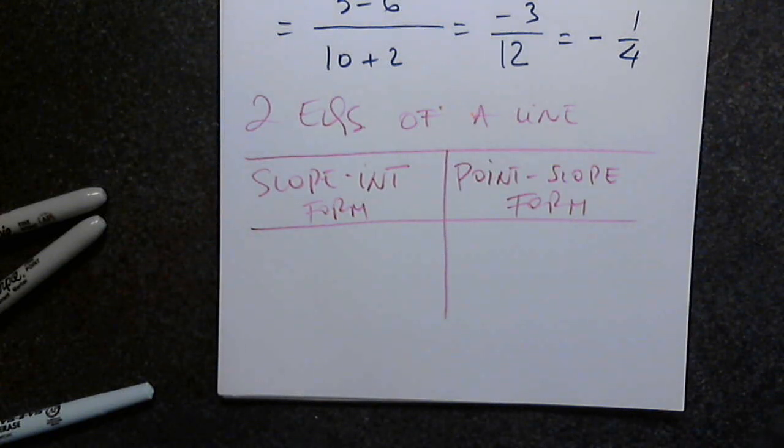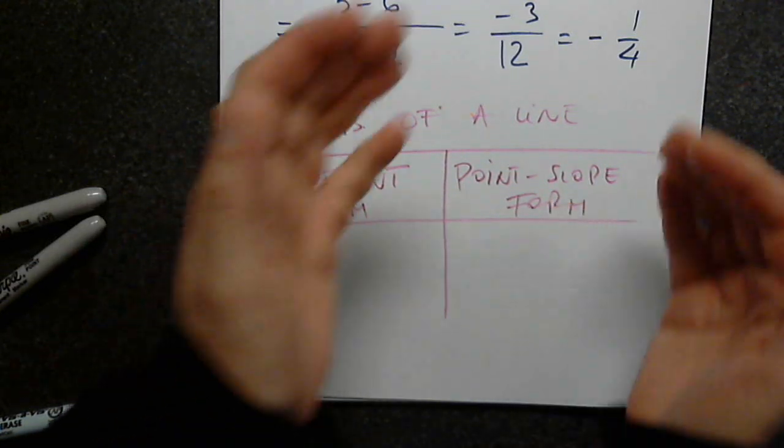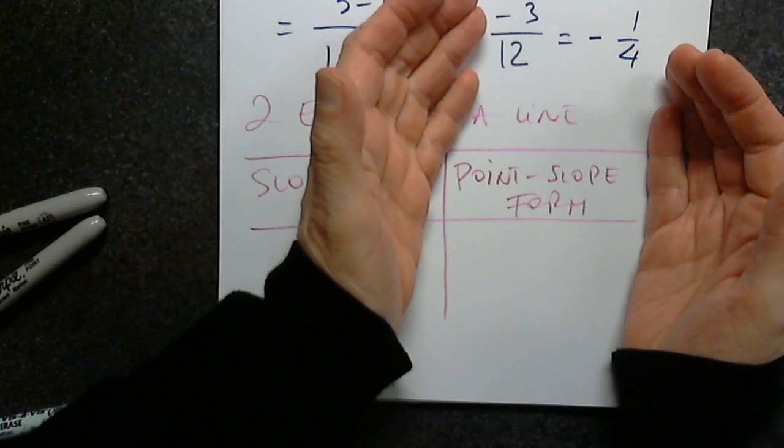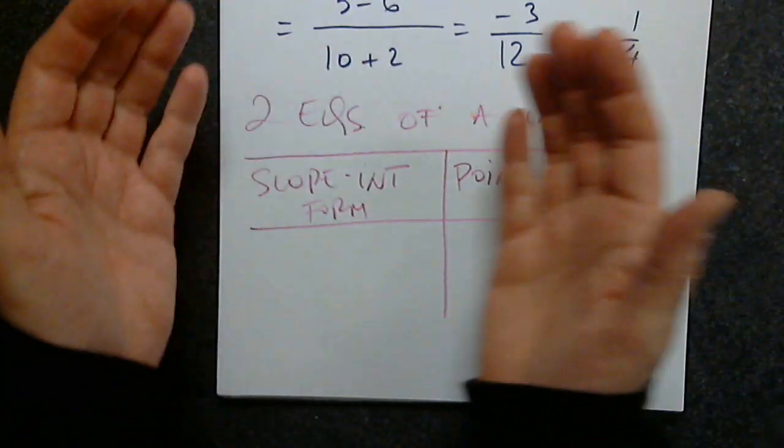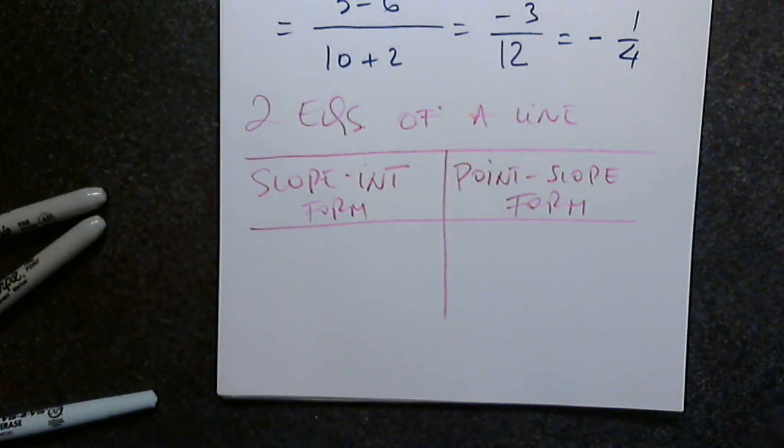The question is, when do I use this? This works always. Always. For any point, you can use this. This one is specifically for when you are given the y-intercept.